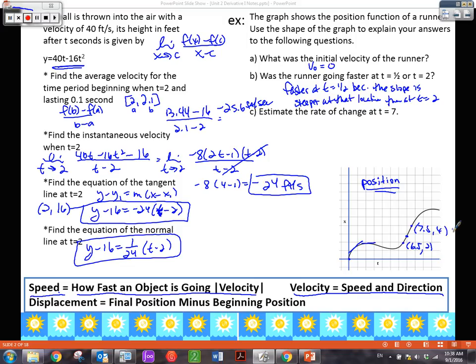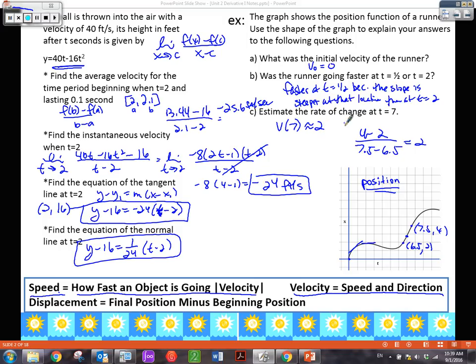Those were my points on my imaginary tangent line. So now I'm going to find the slope of my imaginary tangent line. It doesn't matter which one we call which. So we have the change in y's, 4 minus 2, over the change in x's, 7.5 minus 6.5, and I get 2. So what we would say is v of 7 is approximately 2.